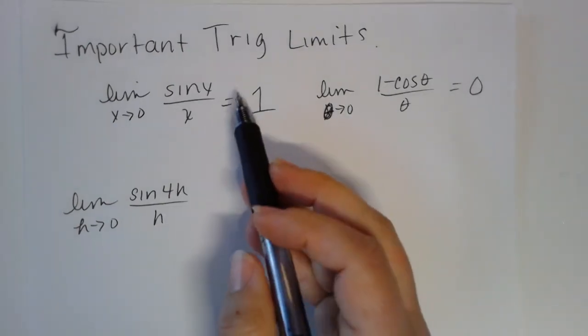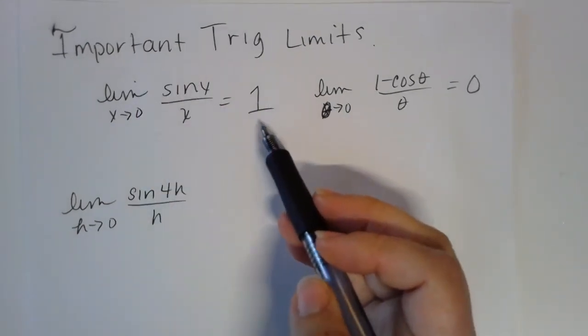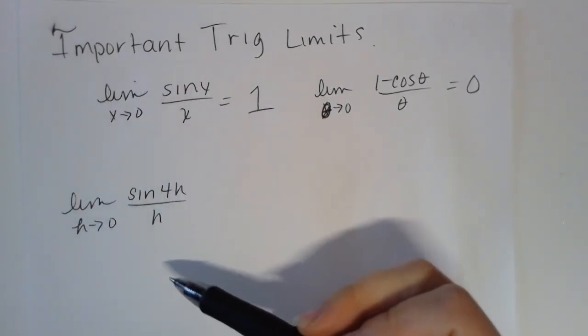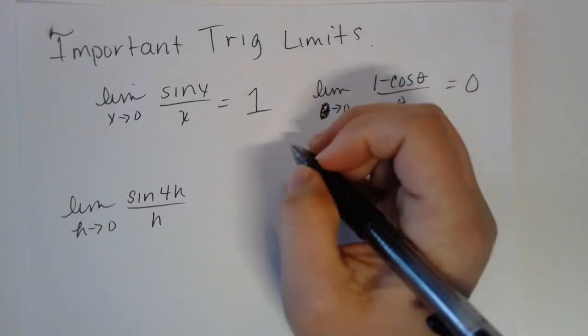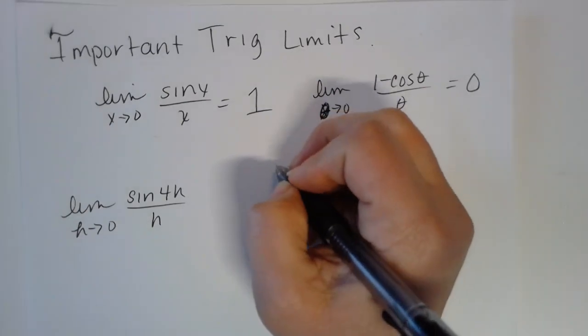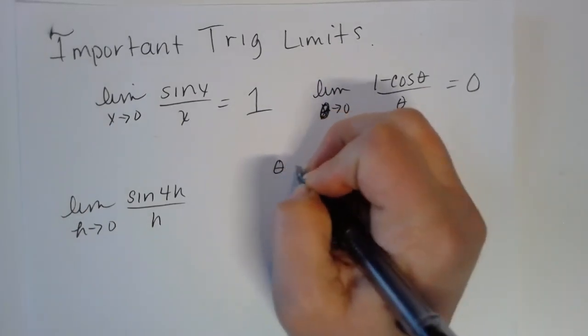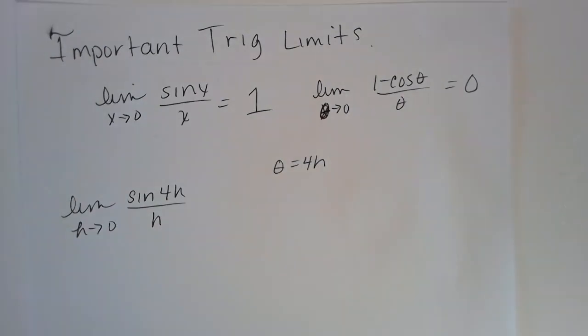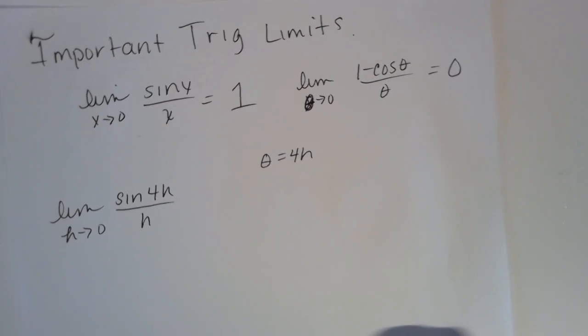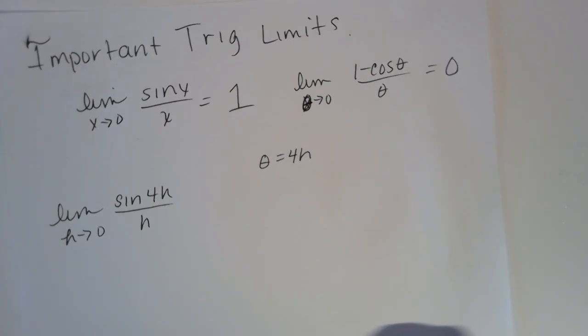So this sine of x over x equals 1, the limit as x approaches 0, of course. I'm going to say that theta is equal to 4h, okay? So what I'm going to do here is multiply the top and the bottom.